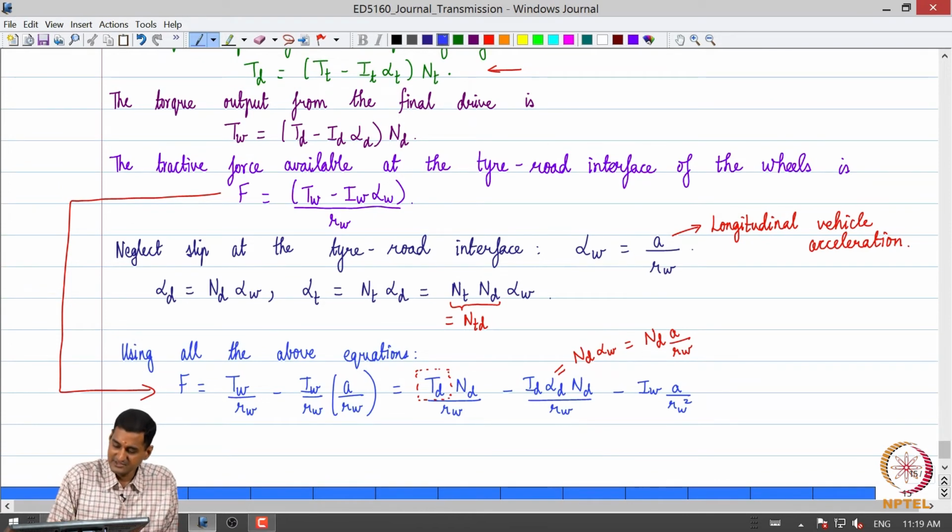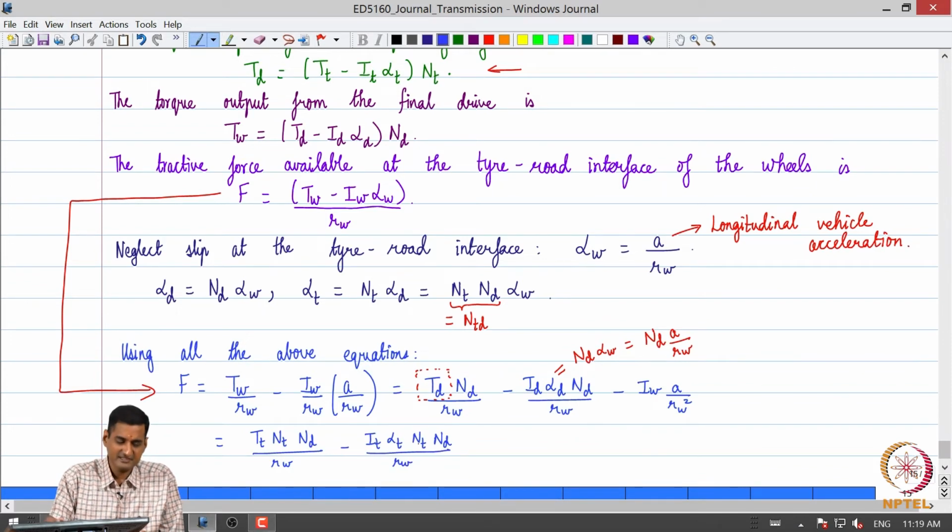So, this is going to be Td is Tt Nt Nd, right, divided by Rw minus, what do we get? We get It alpha t Nt Nd by Rw. That is the first term in the previous equation.